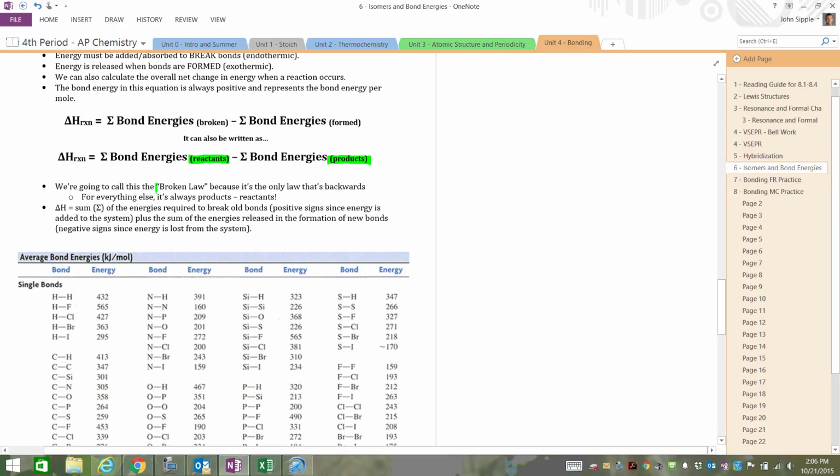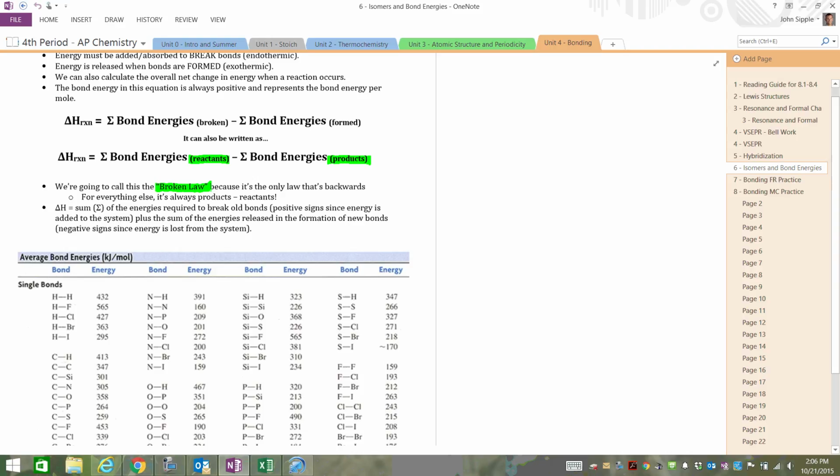This is called the broken law, because it's backwards of what it should be. When we do delta S, delta G, delta H of reactions, it's always products minus reactants. This is the only case where it's reactants minus products: bond dissociation energy, bond energy. That's the key here.